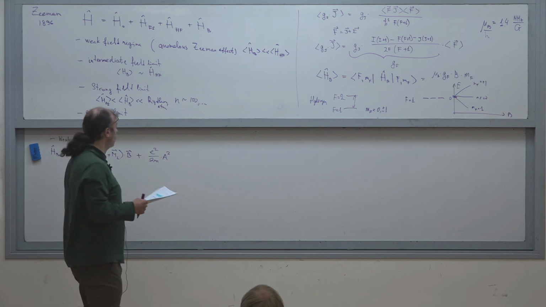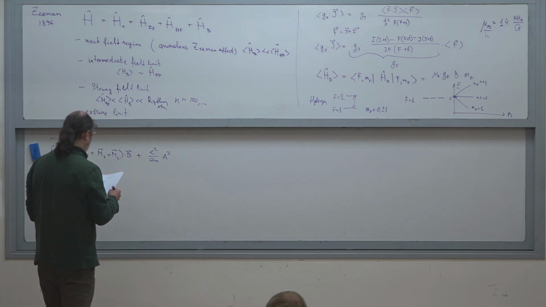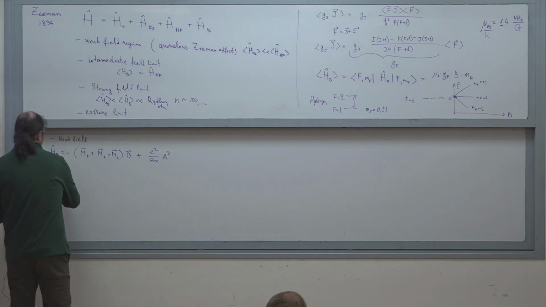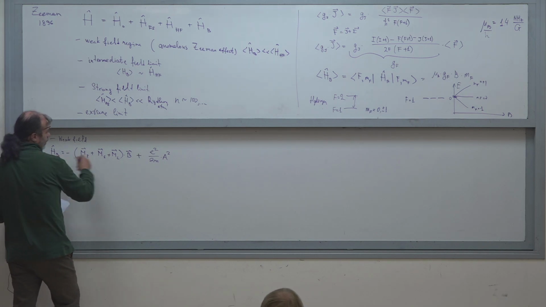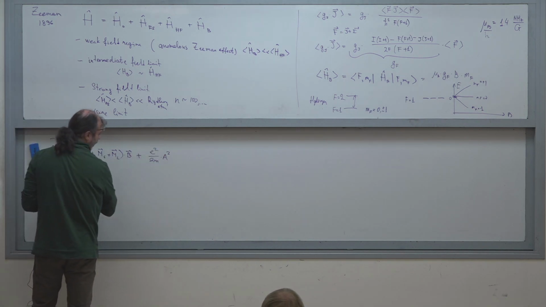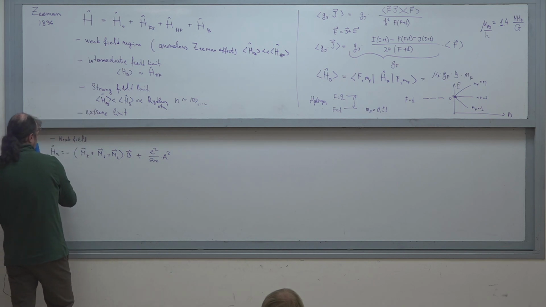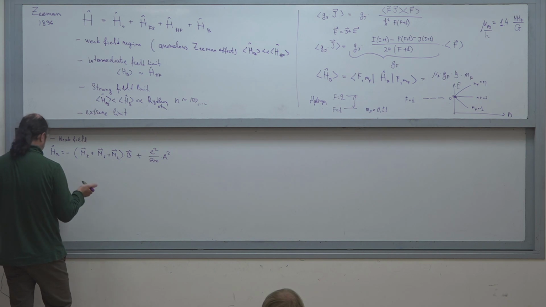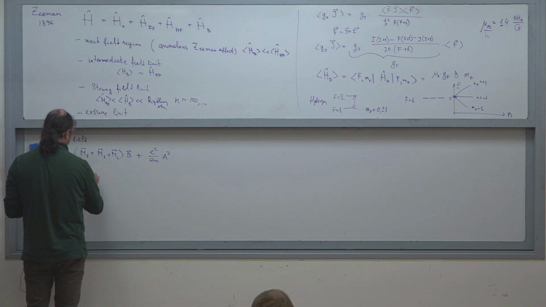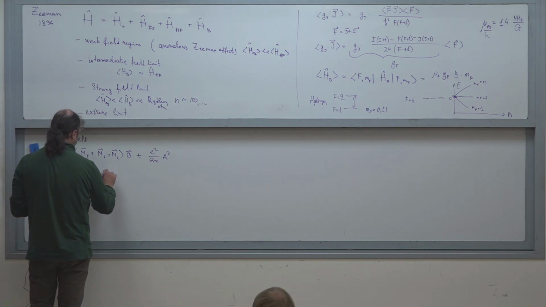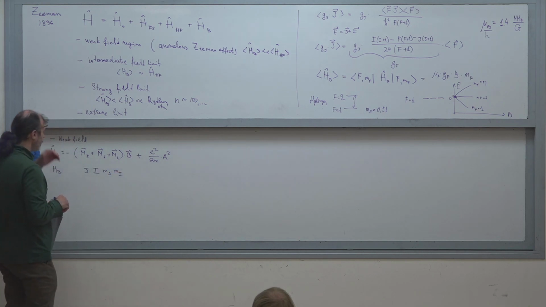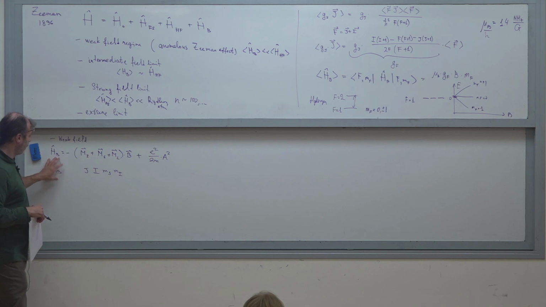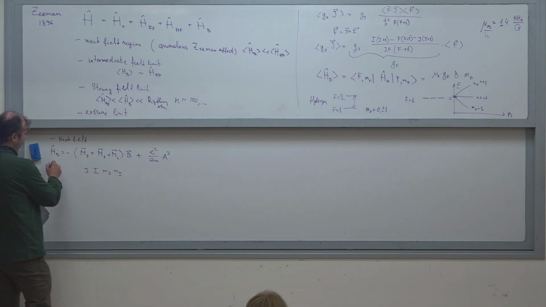That makes the story a bit more complicated, because the HB part, if we forget this part for the moment, the magnetic field part, is diagonal in the basis of J, I, MJ, MI. This is where this Hamiltonian is diagonal.